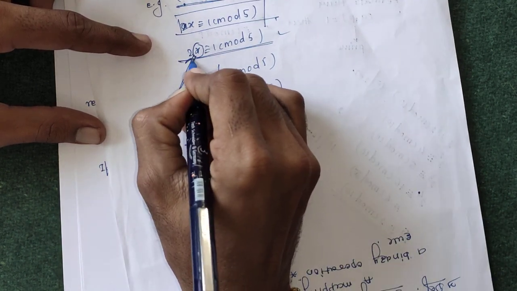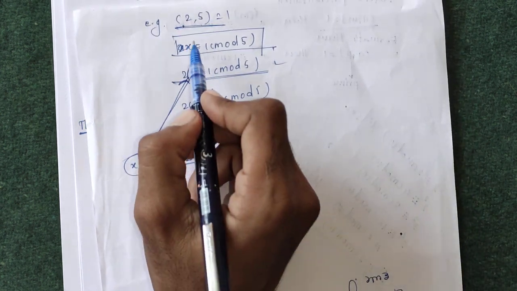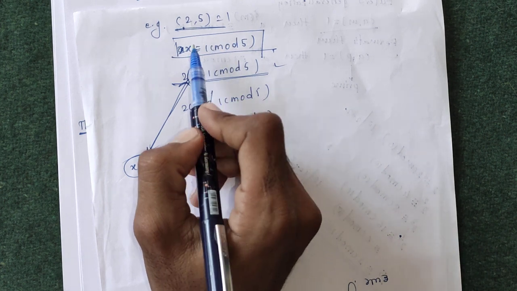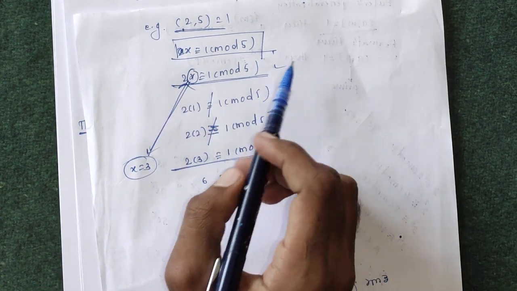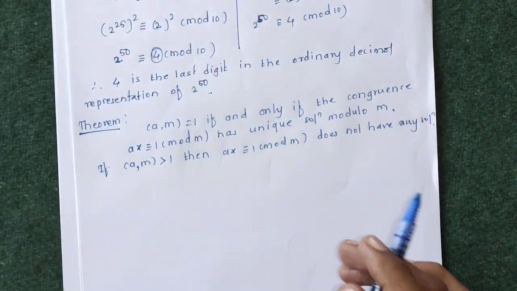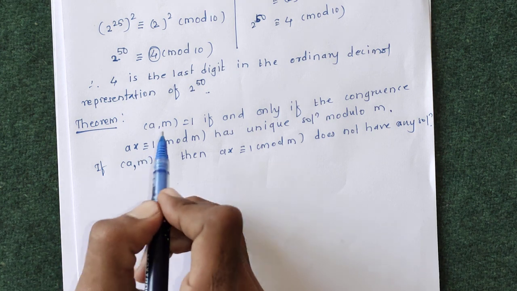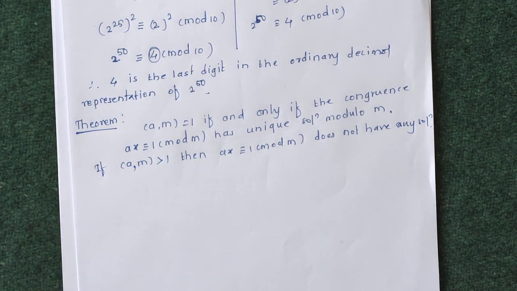The solution of the congruence means the integers which satisfy this congruence. Our theorem says that if GCD of a and m is equal to 1, then this congruence, ax is congruent to 1 mod m, has a unique solution, which we are going to prove.